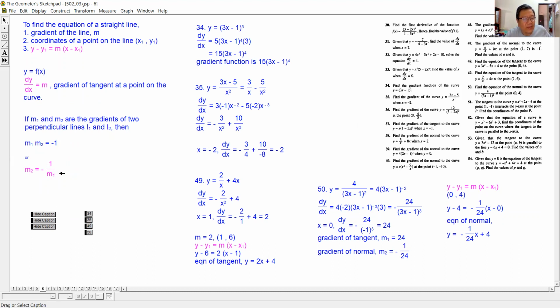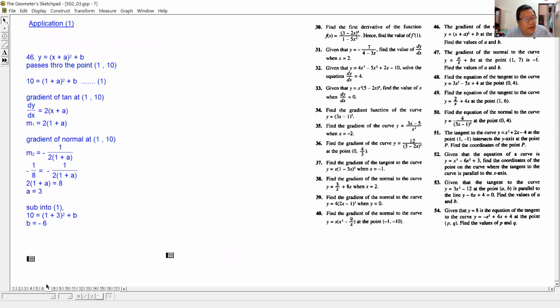So back here, this is the gradient of tangent. I put a negative, then I put 1 over the gradient of tangent. Then it becomes the gradient of normal. Okay or not? Okay, teacher.